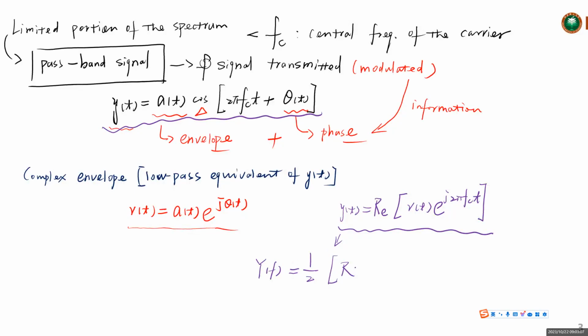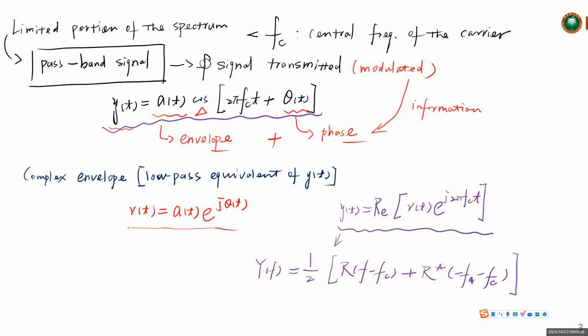So R(f − fc) plus the complex conjugate of R(−f − fc). So what does it mean?